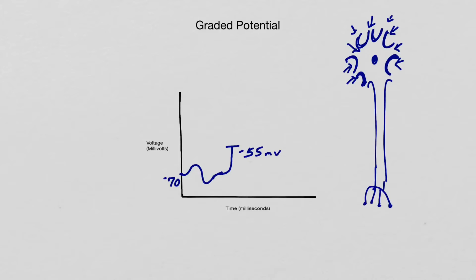And that's a key point. This is called threshold. So if a number of graded potentials come in and bring this membrane voltage up to threshold, that is going to lead to an action potential.